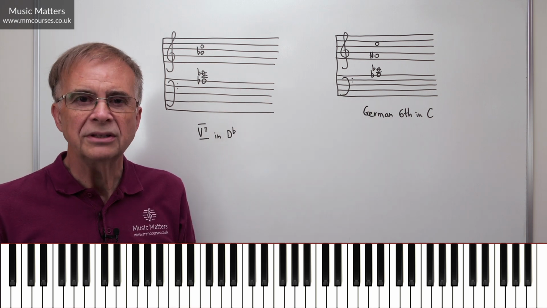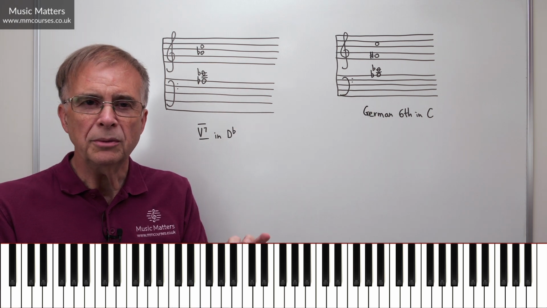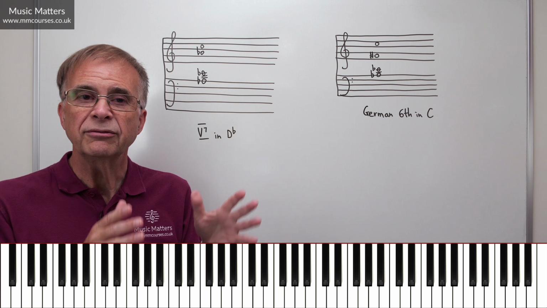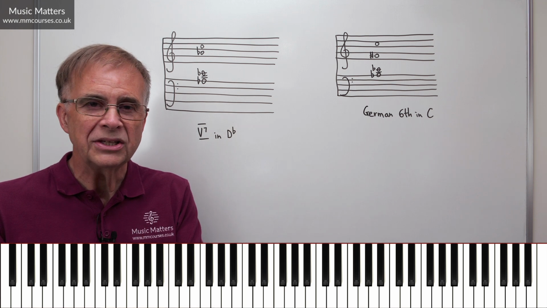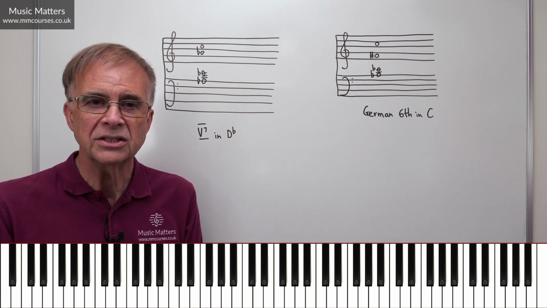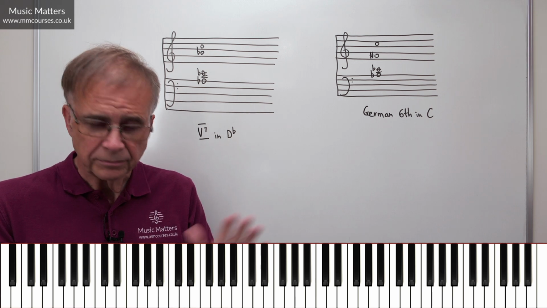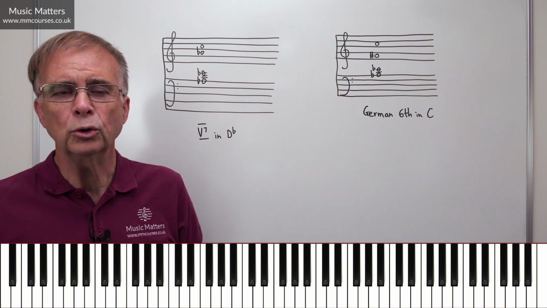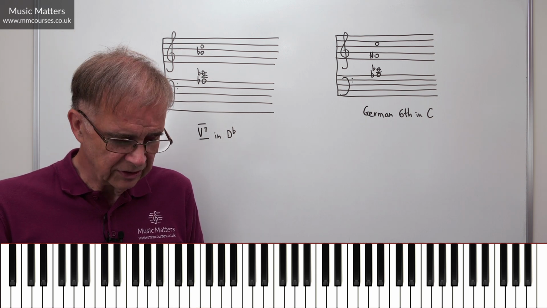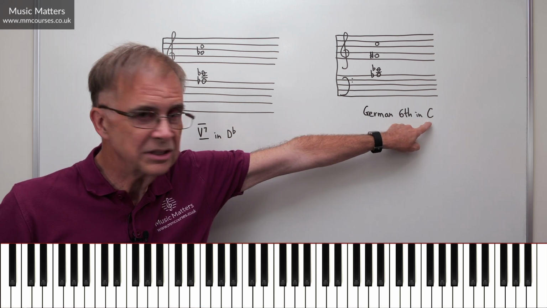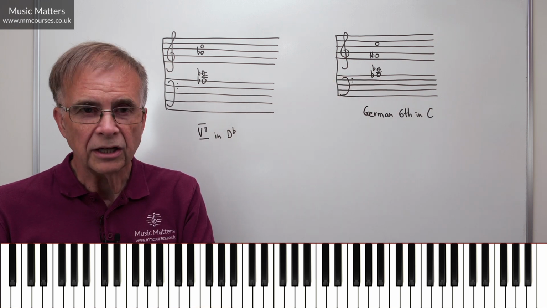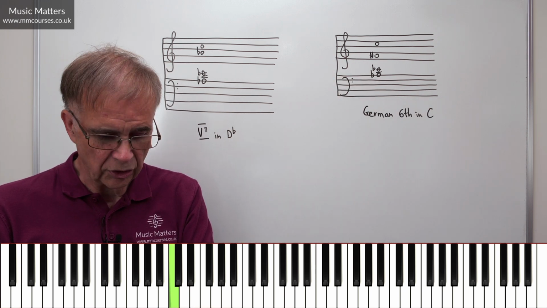How do we arrive at this chord? Well, the German sixth is one of three augmented sixth chords. We've got the Italian sixth, the French sixth, and then the German sixth. And the way we find the chord, just to give you a recipe, if I'm in the key of C, let's start by thinking, well, the C is my tonic.